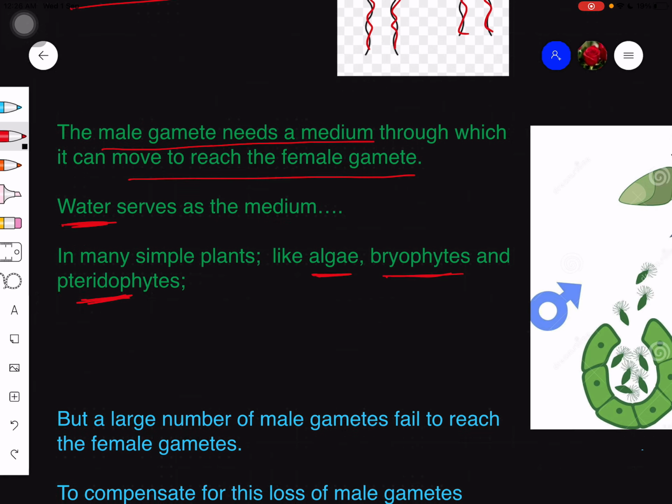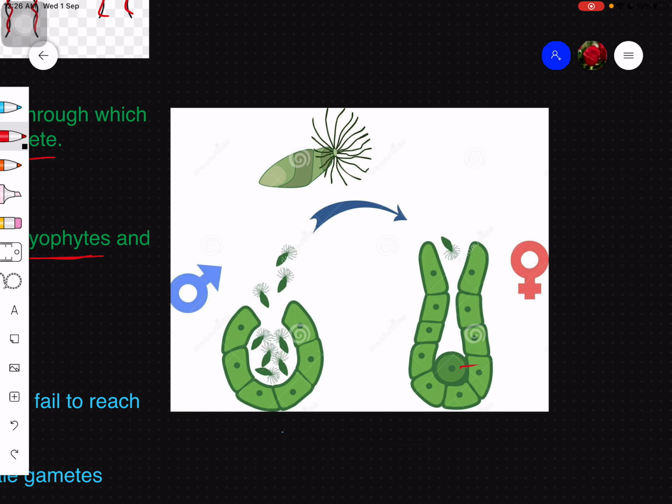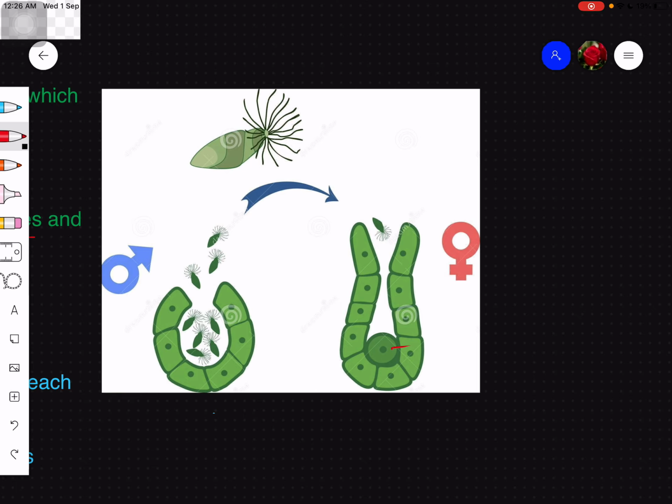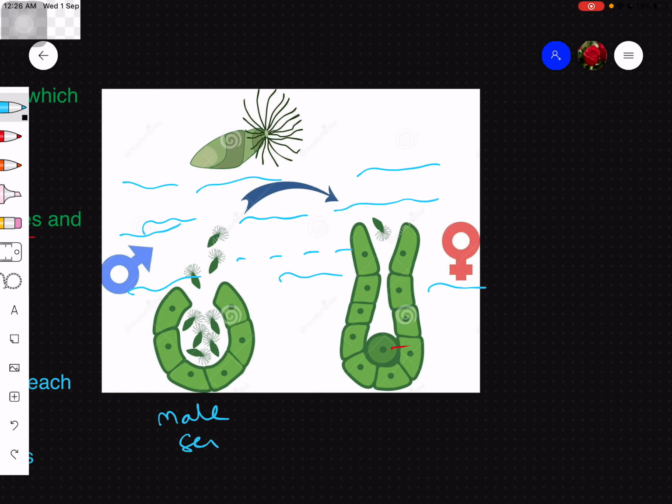If you look at this image, you can very clearly see that this is all water. This is the male sex organ, the antheridium, and the female sex organ, the archegonium.